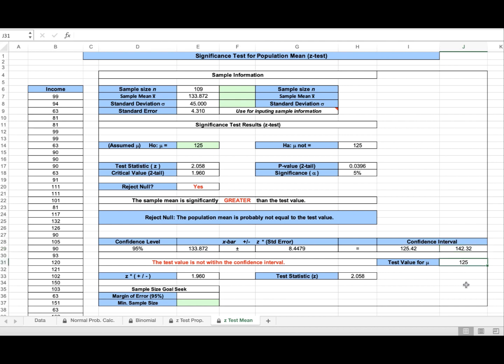We can see that 125 is not within that range. This will always happen when the null hypothesis is rejected. However, we can see that the lower limit of our confidence range is rather close to 125. So though we are rejecting the null hypothesis, we are not strongly rejecting it.